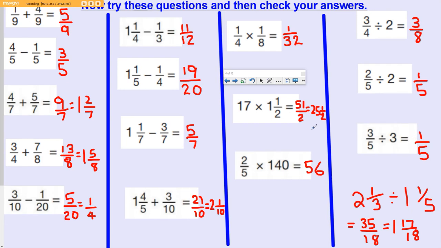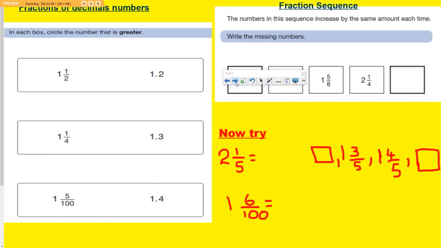Okay guys, I hope you paused the video and you're able to now check your answers, and I hope you've done really, really well. Now, as I said, I'm doing all the questions that are on the SATs exam, so we're now going to move on to the next stage. Now what we've got here, guys, says fractions to decimals.